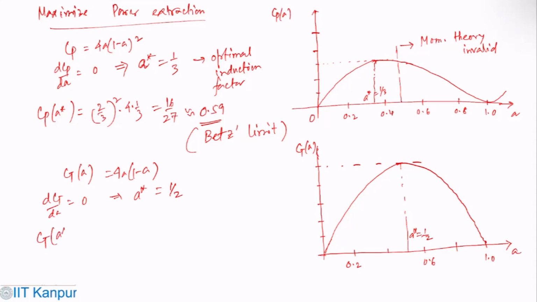So Ct at A star is 4 into half into half, which is 1. So this is 1. This is Ct max. Okay. So that's what you get.